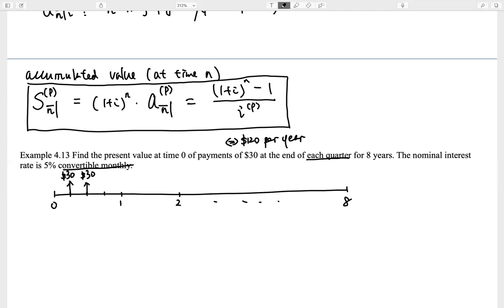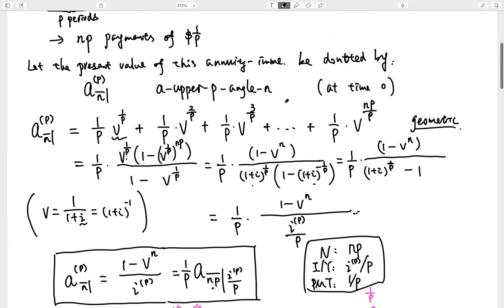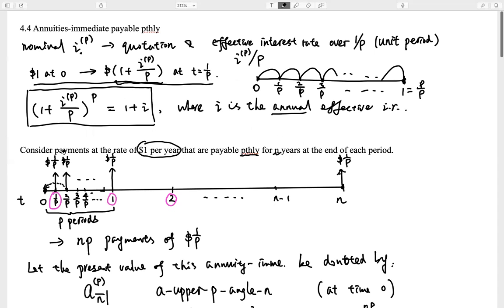Okay, so everything works exactly as what we just derived. It would be the total number per year, because it's based on per year. Previously, when we derived this formula, there was $1 per year.